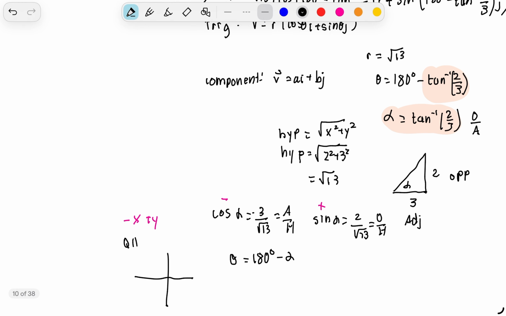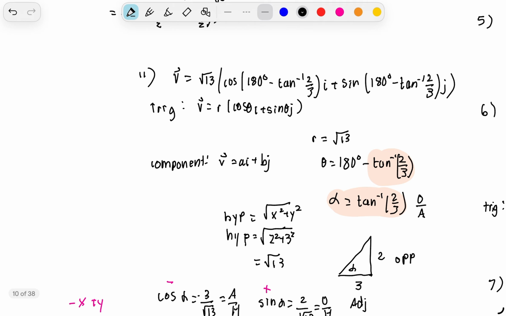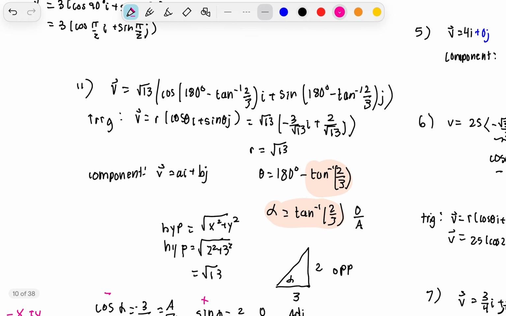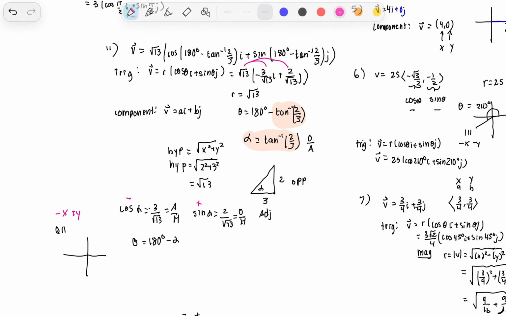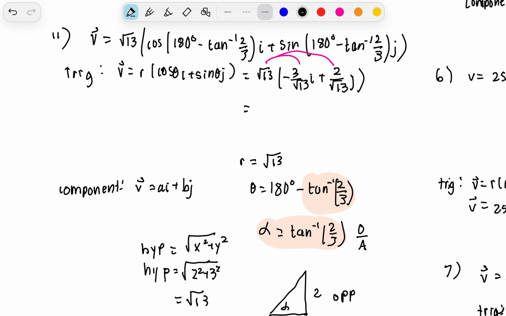So now we can substitute what we have into our vector. So this is going to be equal to the root of 13 times negative 3 over root of 13 i plus 2 over the root of 13 j. So you could multiply through by the root of 13, and that root of 13 cancels out.